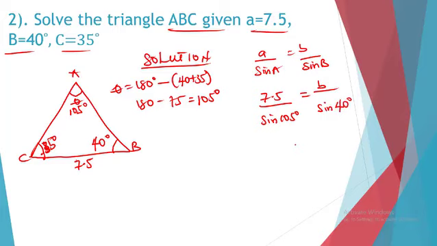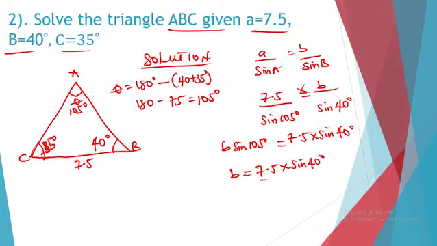If we cross multiply, we have B sine 105 degrees equal to 7.5 times sine 40 degrees. Then making B the subject of formula, B is equal to 7.5 times sine 40 all over sine 105 degrees.